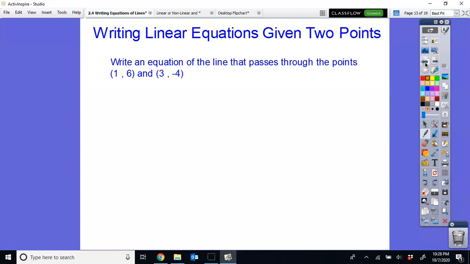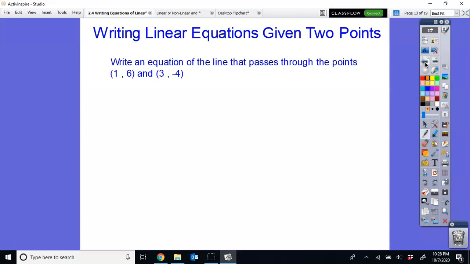We do not have the y-intercept, the b-value, handed to us. We only have 2 points that make a line if you connect the dots. Again, we're going to talk about the significance of points on a line when we start graphing them in the next lesson. But what we're looking at now is just trying to find the equation of the line.